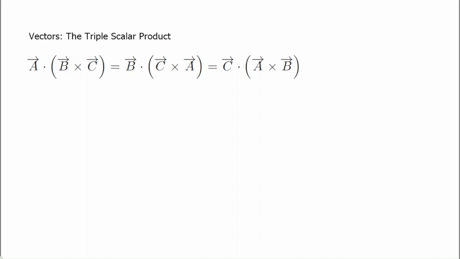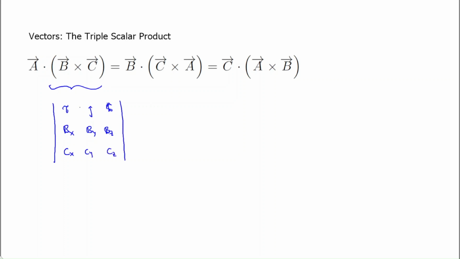All right, so let me start with reminding you how we configure a cross product B cross C. Okay, you may be familiar with this determinant way of calculating a cross product.